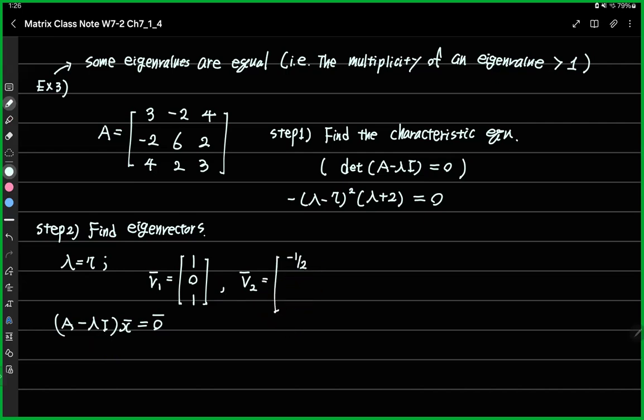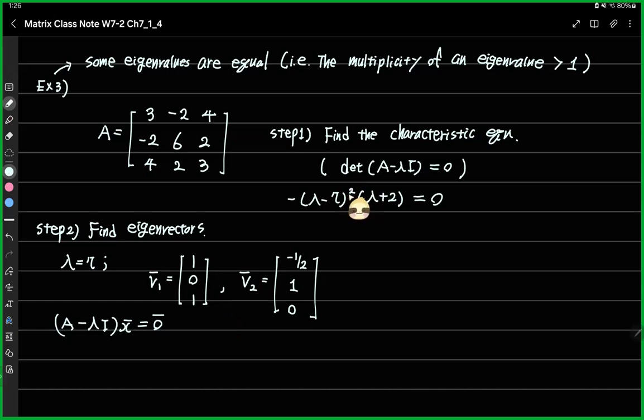-1/2, 1, and 0. But here's a question: is it possible to get more than 2 eigenvectors? No, right? Keep in mind, the number of eigenvectors cannot exceed the multiplicity, because this is a 2.